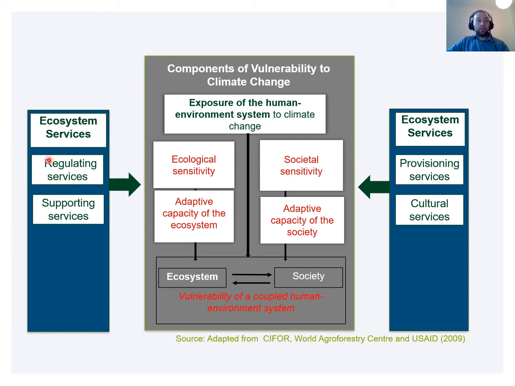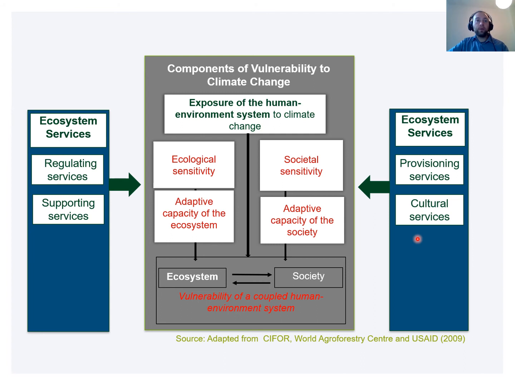These are so-called regulating services, which, for instance, regulate water flow, supporting services, like the support of everything in the world, life, soil, etc. Provisioning services that provide us with food, with fuel, with water, and also cultural services that we need for our cultural well-being, our mental health, our leisure, etc.